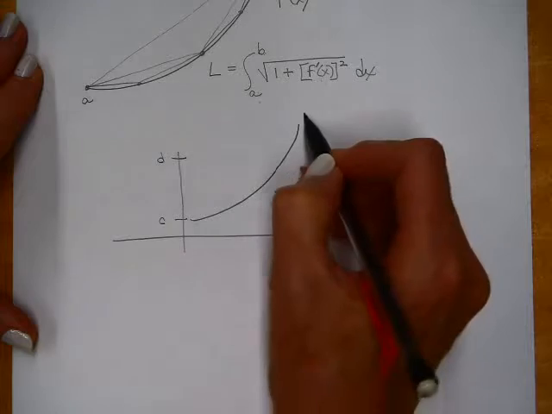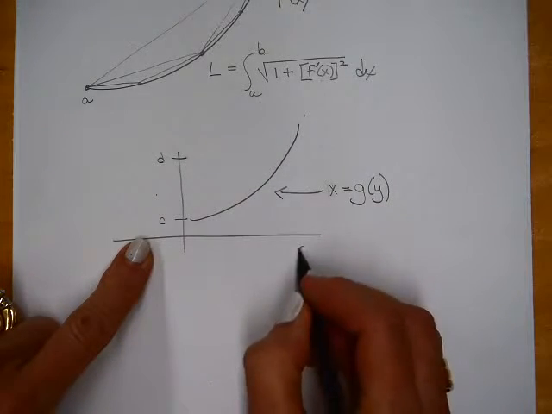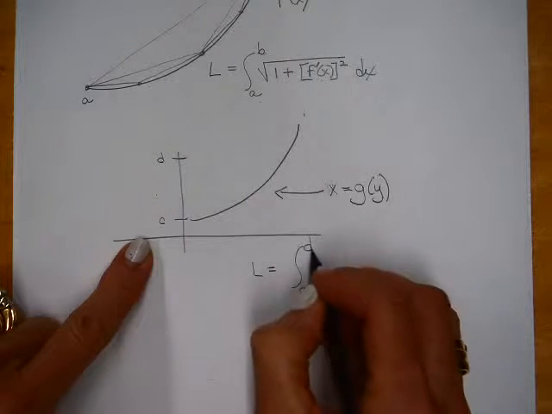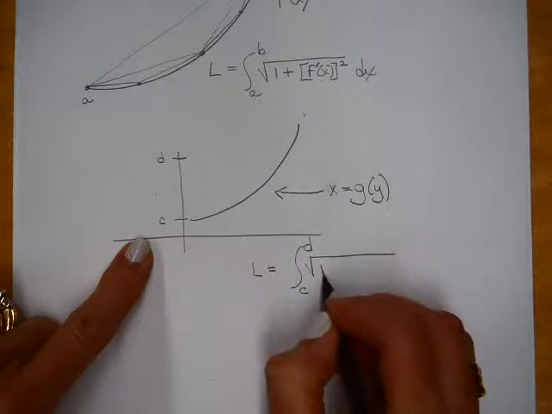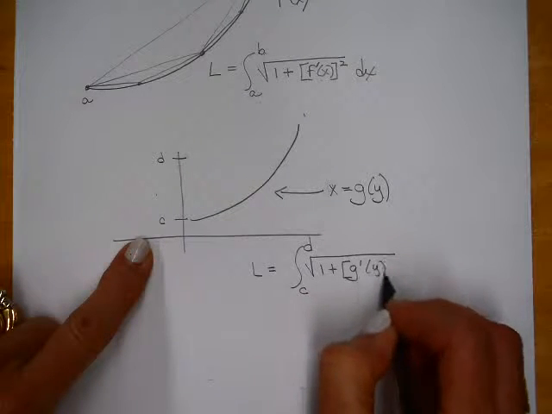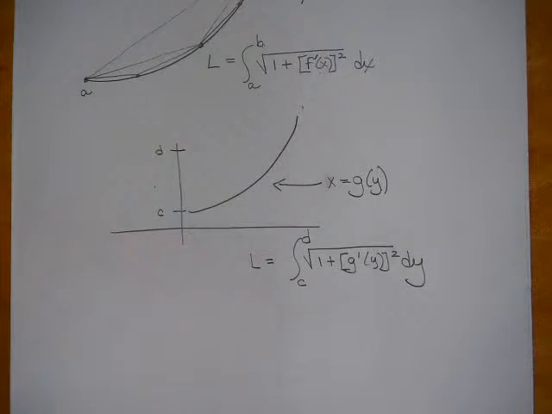So if everything's in terms of y, then the length of the curve is going to be the integral from C to D of the square root of 1 plus g prime of y squared dy. So you've got to have everything in terms of x's or everything in terms of y. Okay? Don't mix it up.